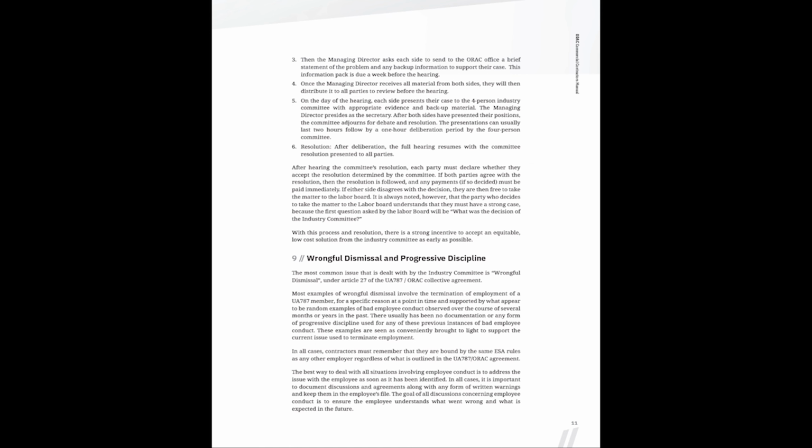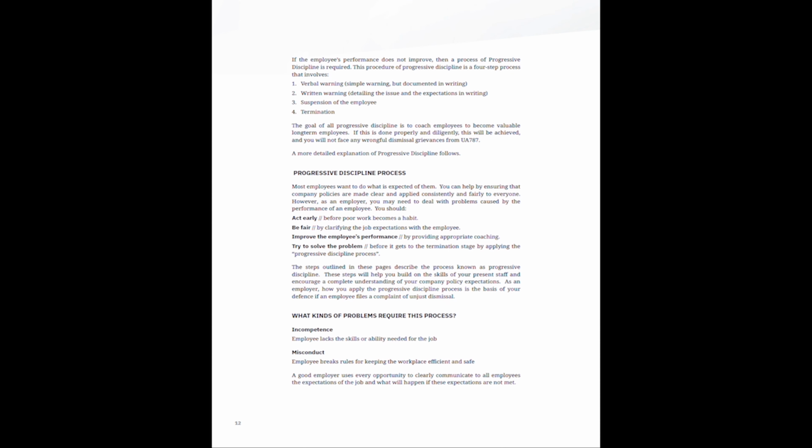If business slows down and you must lay off a few members, Article 25 of the CBA describes the process to do so. However, if one of your members is underperforming, Section 9 describes a process of progressive discipline that you must follow to improve the situation and certainly before you terminate an employee.